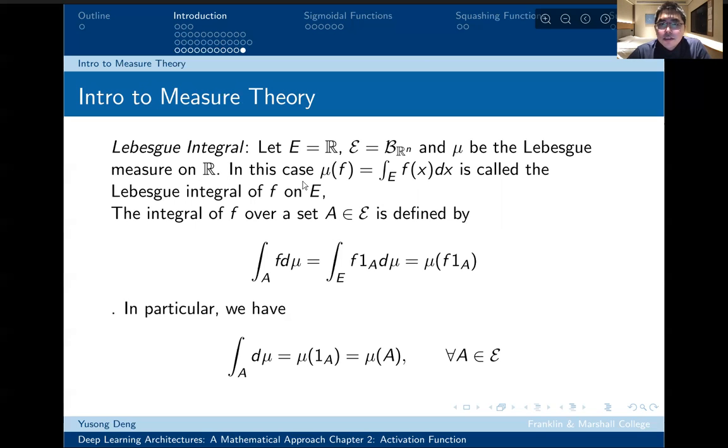In this case, mu(f) is what we call the Lebesgue integral of f on E, and the integral of f over a set A in epsilon is defined by this: the integral over A of f d mu equals the integral over E of f times the indicator 1_A, which is just mu of f times 1_A.